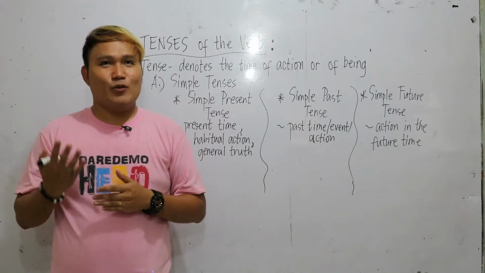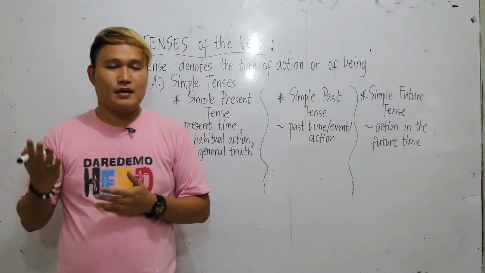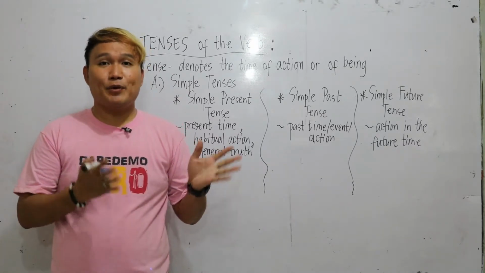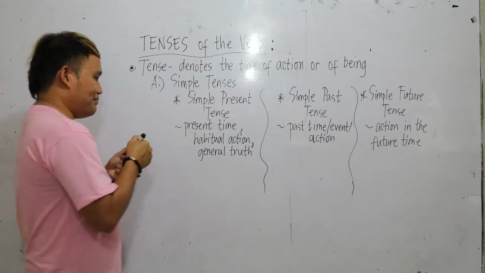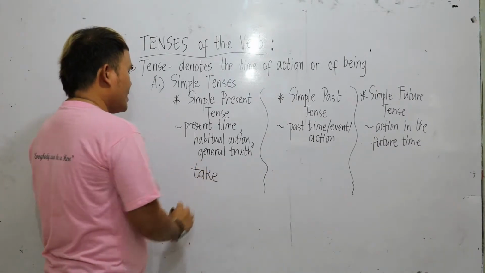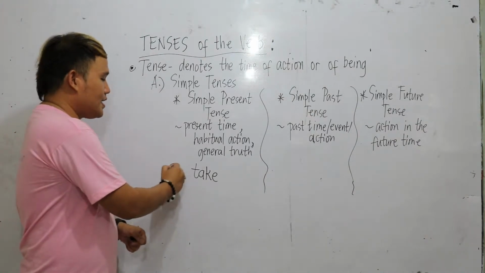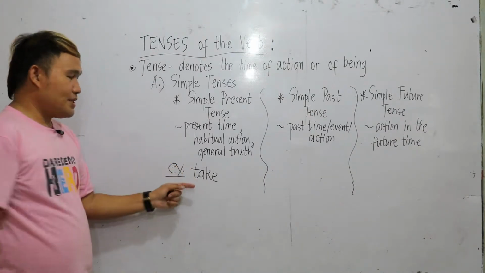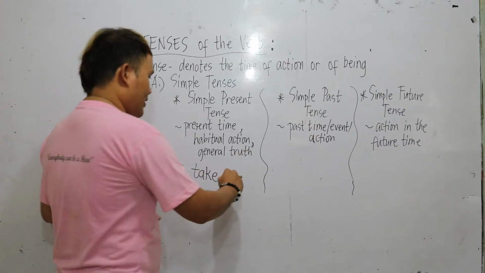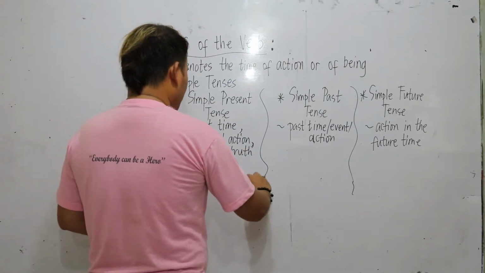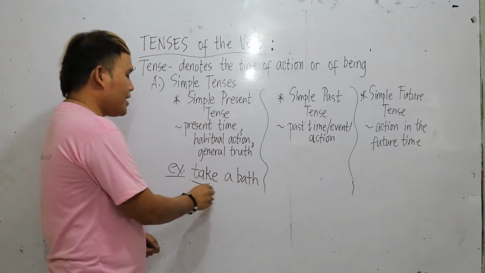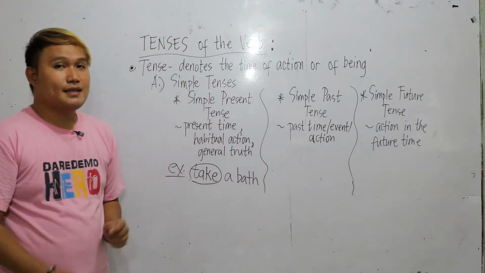So that's an example of a habitual action, so we use the simple present tense of the verb, the word take. This is an example of a simple present. Take a bath. Okay, our verb here, of course, is take.